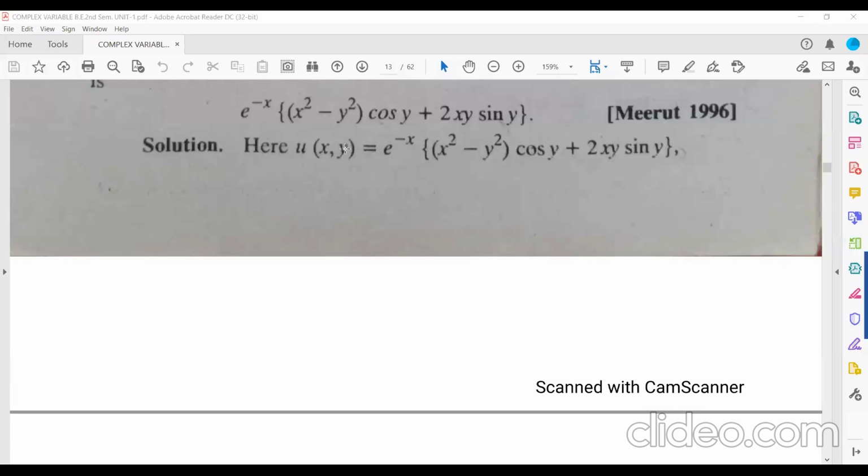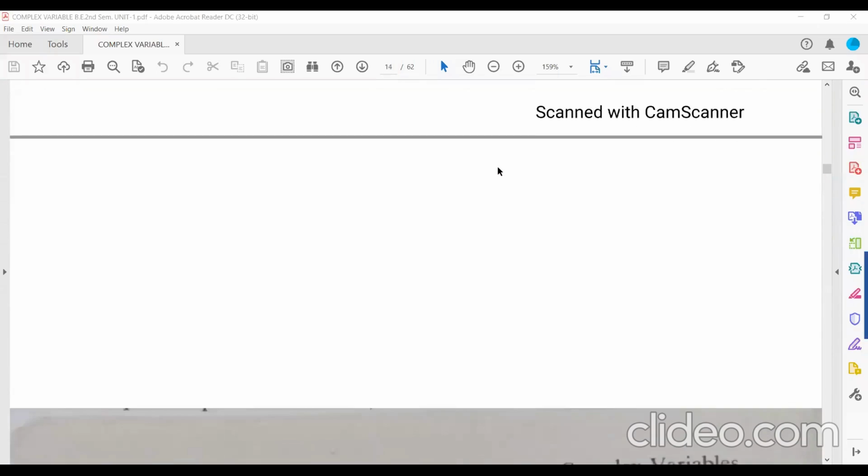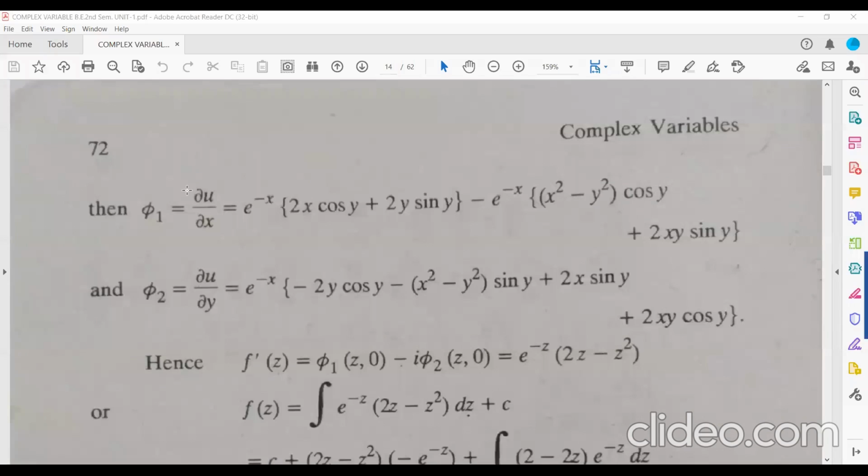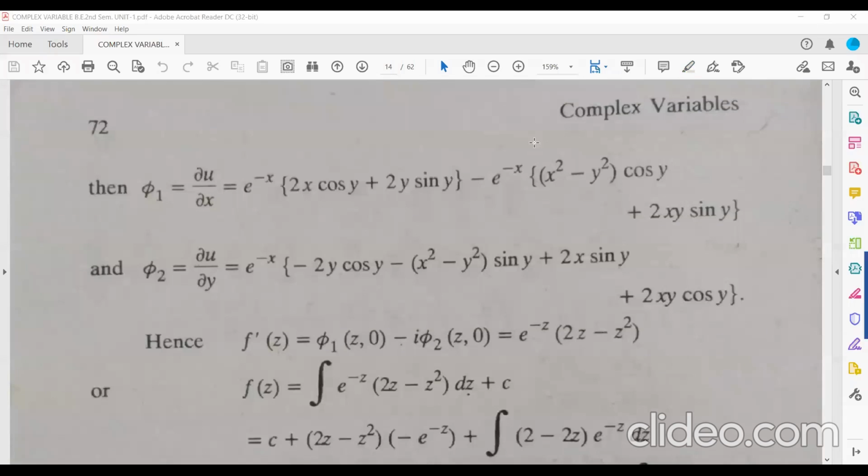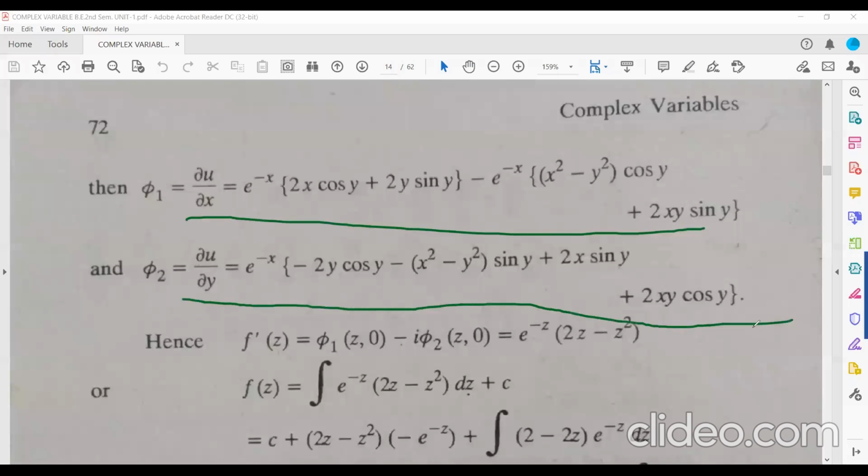Similarly, if you want to differentiate with respect to y, this time you consider x as constant, and then differentiate with respect to y. So you will get del u by del y. The differentiation obviously you know, so I'm not going to explain that part. Here del u by del x is calculated, and similarly del u by del y is also calculated. So this is your del u by del x part, and this is your del u by del y part.